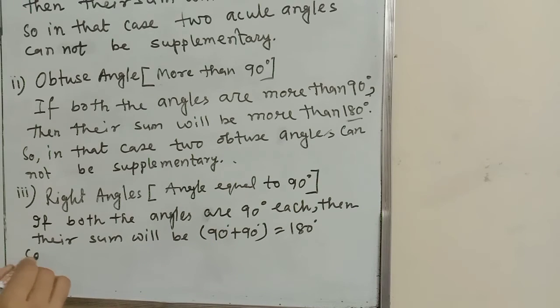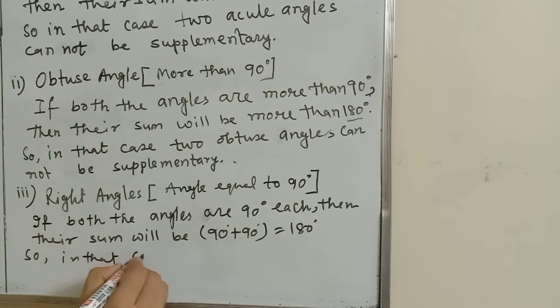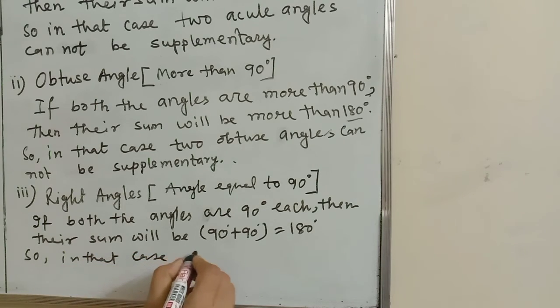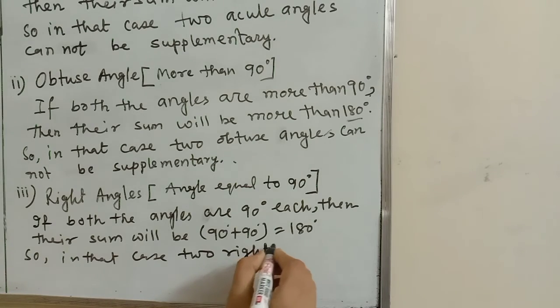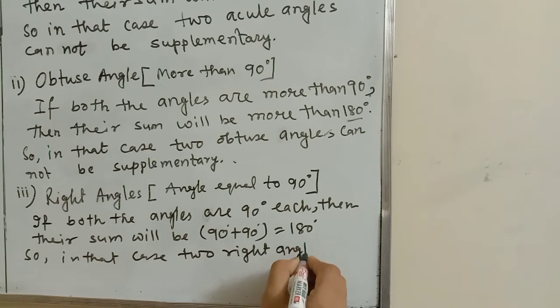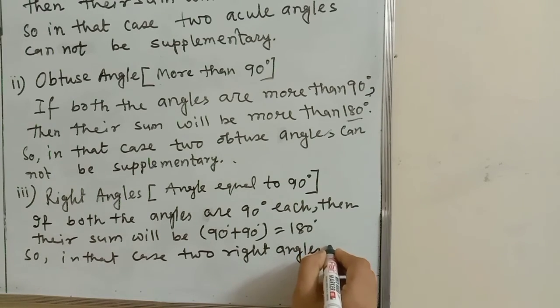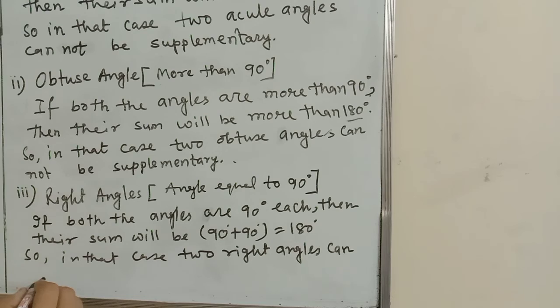So in that case only, two right angles can be supplementary.